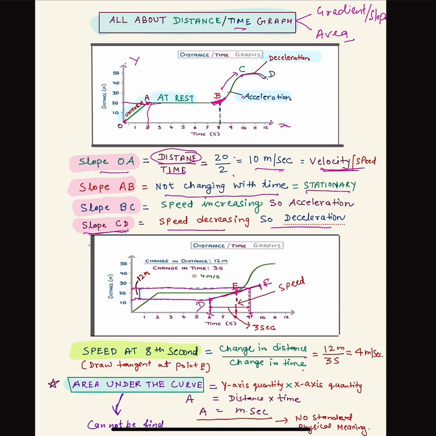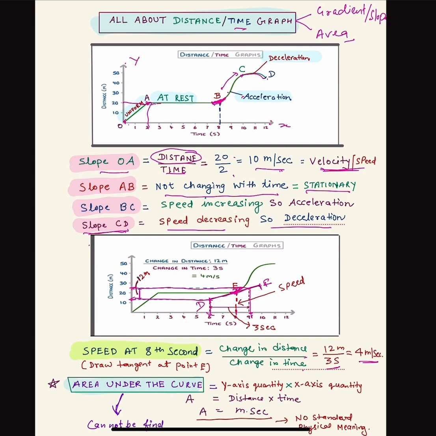Change in distance, you can count from here to here, is 12 meter, and the time from 6 to 9 second is 3 second. If you divide, 4 meter per second will be the speed at 8 second. Understood? If there is a slight curve at this point, you can call it instantaneous speed. In this way you can find speed at point E.